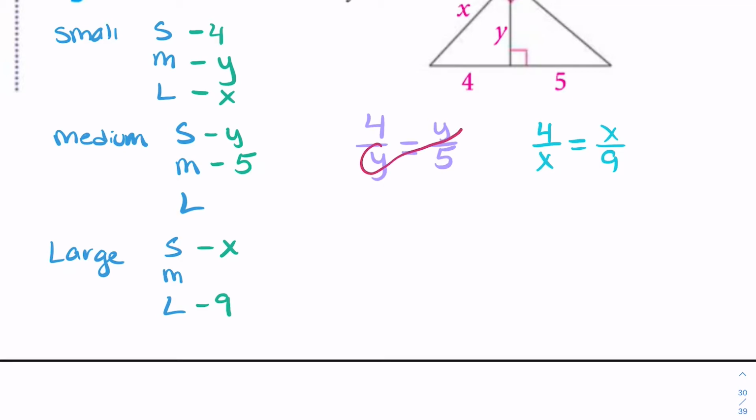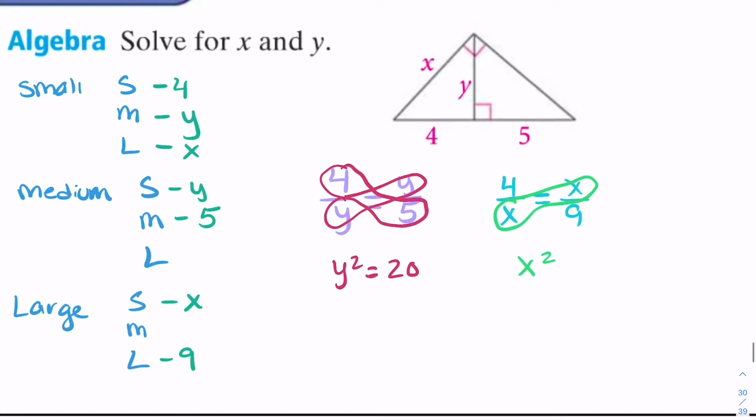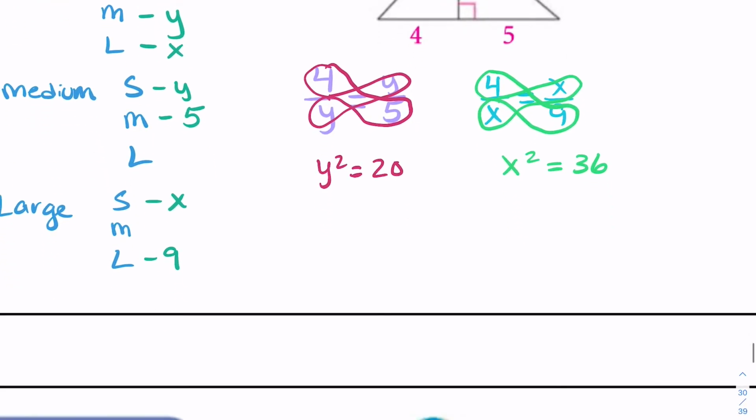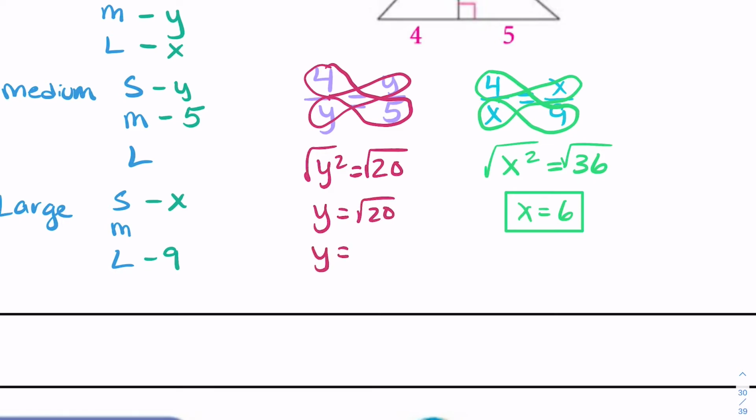So I'll get y squared equals 20, and for this one, I'll get x squared equals 36. Now I'll find the square root of both sides, and I get x equals 6. And then I'll find the square root of both sides here. And so y equals the square root of 20, which is the square root of 4 times the square root of 5. So y equals 2 square roots of 5.